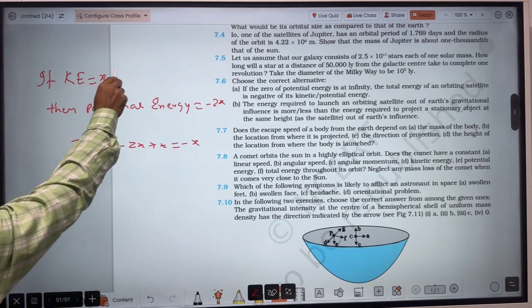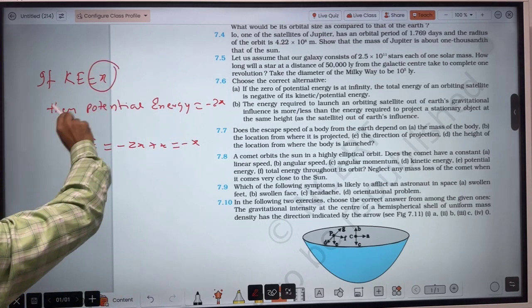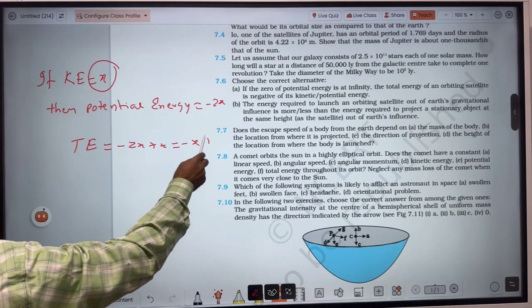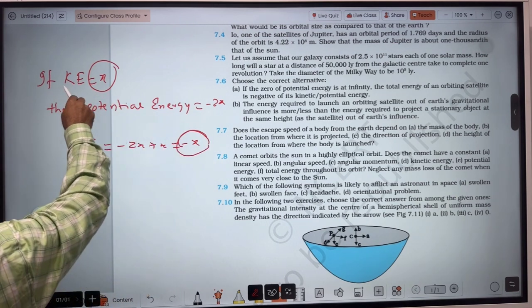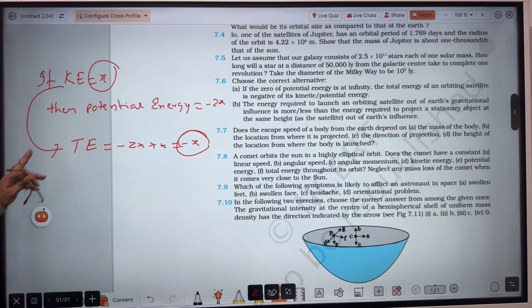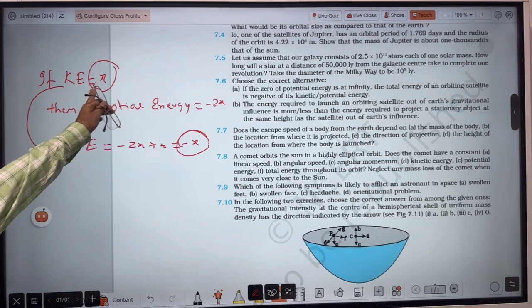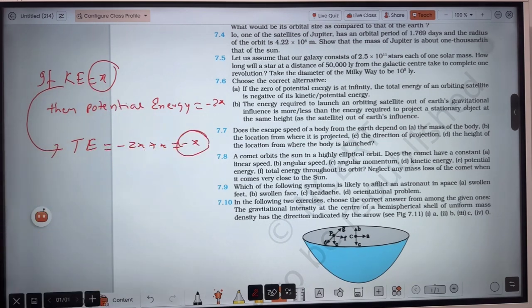So what do you observe? Kinetic energy is positive, total energy is negative but equal in value, and the potential energy is just double the kinetic energy with the negative sign.